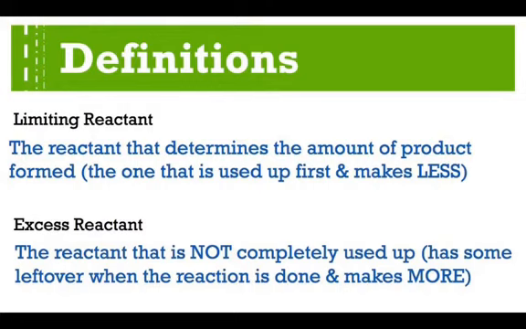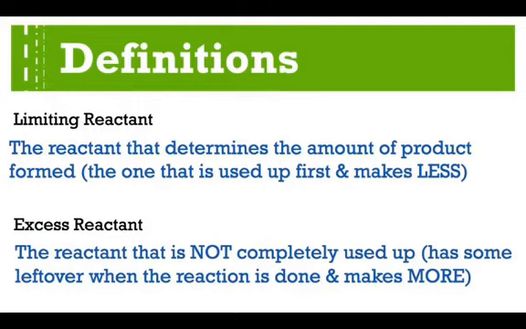Now, if we used all the pancake mix, it would make more pancakes. But since the eggs run out first, those wouldn't really be real pancakes that we could make from it. That's just kind of imaginary, wishful thinking pancakes. So when we're solving these stoichiometry problems, we're going to end up getting 2 answers out of them, because we're given 2 different amounts of 2 different substances.